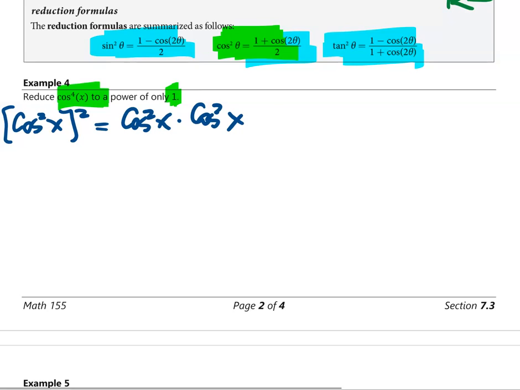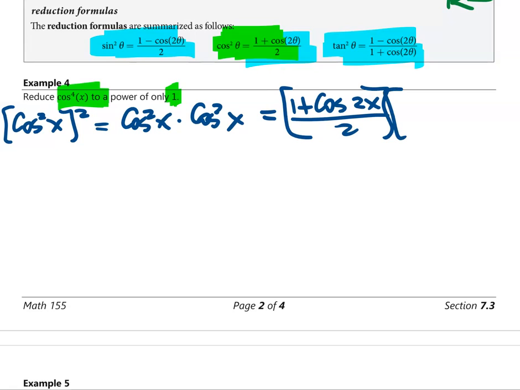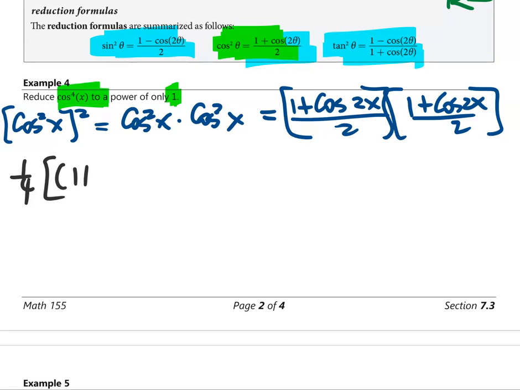So that is equal to 1 plus cosine 2x over 2 and 1 plus cosine 2x over 2. If we multiply these two, 2 times 2 is 4, so that is like 1/4 outside. 1 times 1, or it's like 1 plus cosine 2x times 1 plus cosine 2x, isn't it?